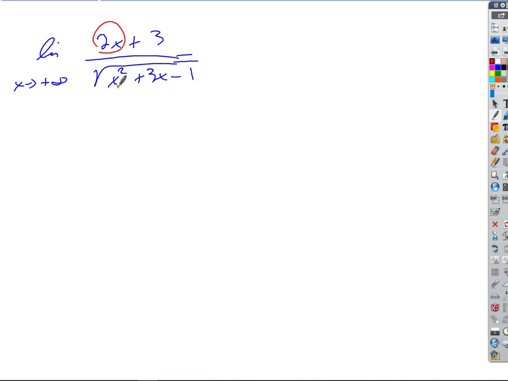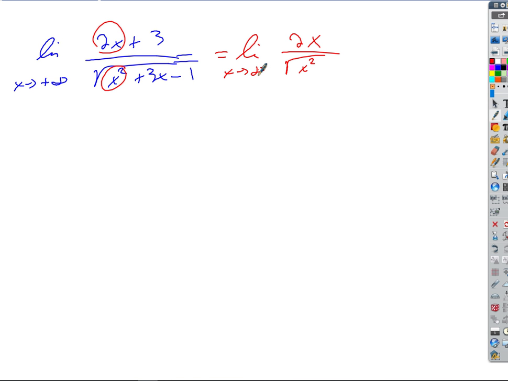This is a composition of functions. We have a square root of a polynomial, right? So what's the dominant term of the polynomial on the bottom? X squared, right? So if that's the dominant term and we can ignore the other ones, then you see that this limit is exactly equal to the limit of 2x over the square root of x squared.